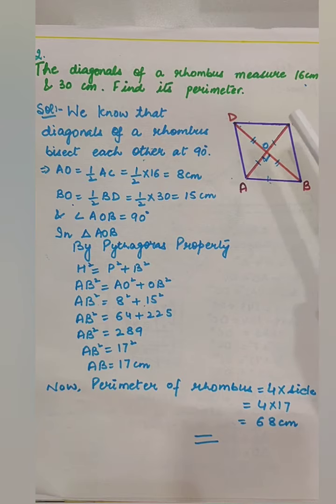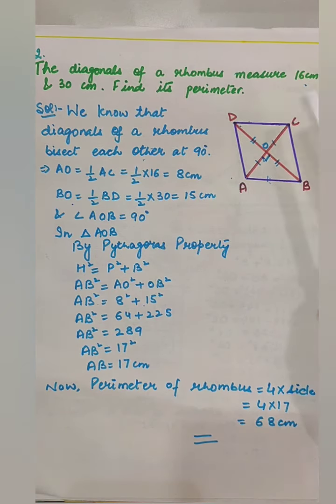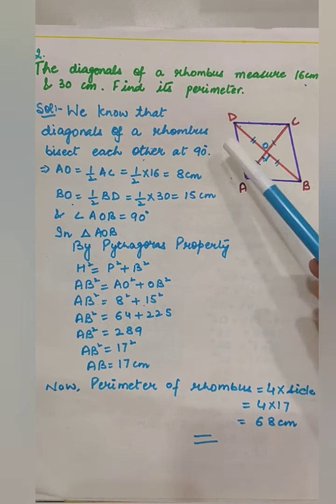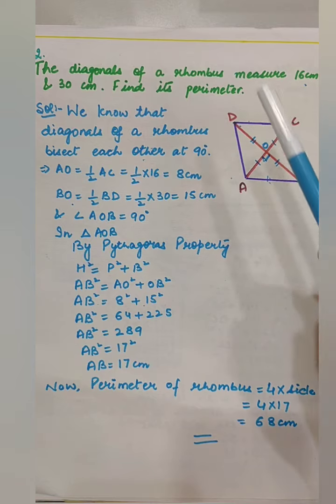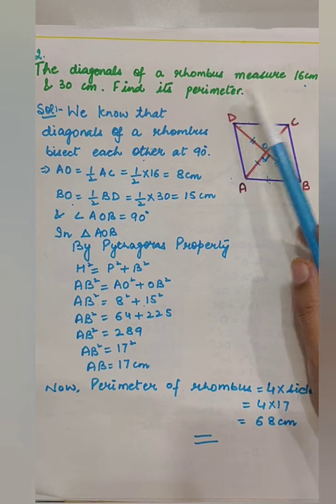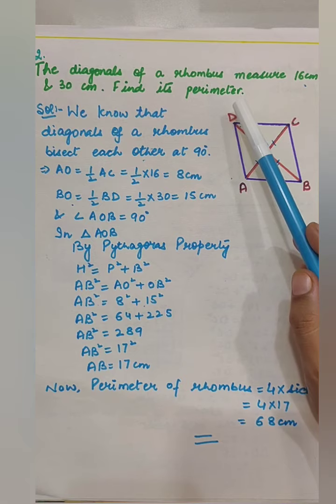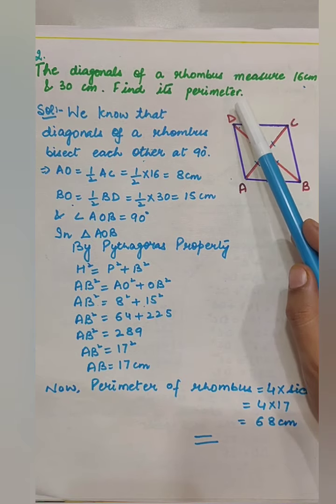The diagonals of a rhombus measure 16 cm and 30 cm. Find its perimeter. Here ABCD is a rhombus. We have to find the perimeter, and the lengths of the diagonals are given to us. We know the perimeter of the rhombus is 4 multiplied by side.